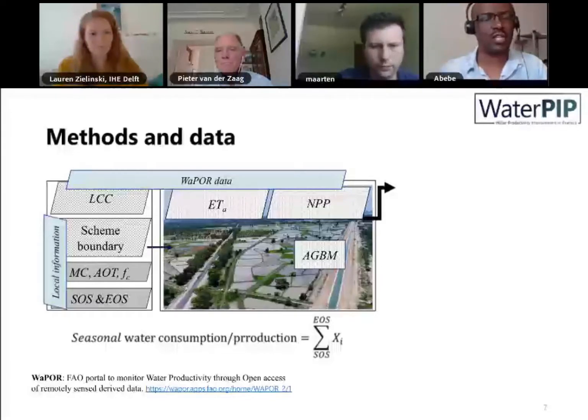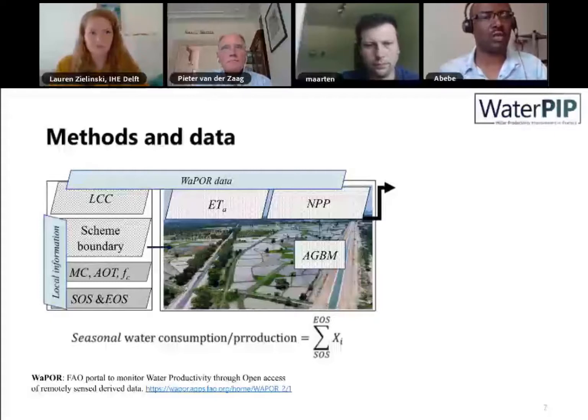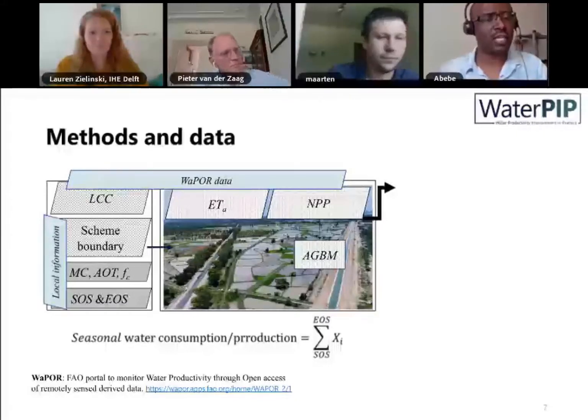We used three layers of this WaPOR data: land cover classification, actual evapotranspiration, and net primary production. We also supplement this data with local information, which is more about crop season, as well as the scheme boundary and the agronomic parameters. And then we calculated the seasonal water consumption and production using those data.